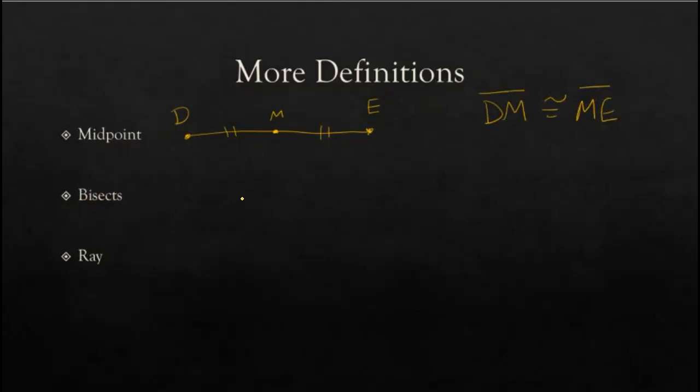Our last definition for today is a ray. A ray is part of a line that has one endpoint. So if I have a line, and I might have A, B, and C on it, I could have a ray AC.